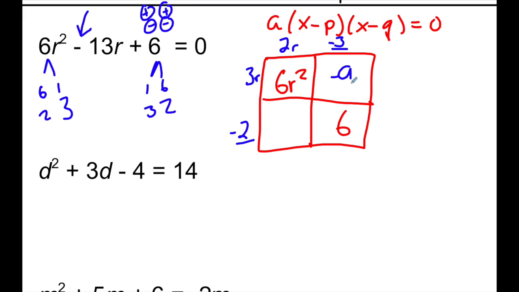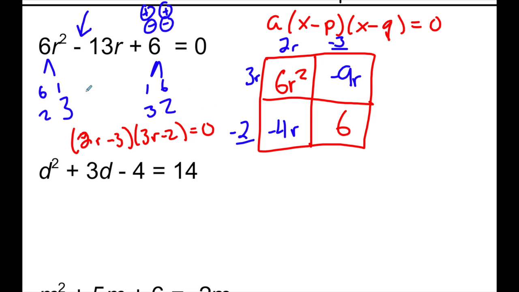So I'm going to get negative 9r, and this is going to be negative 4r, and notice that negative 9r minus 4r is 13r. So essentially, it comes down to solving 2r minus 3 times 3r minus 2 is equal to 0.